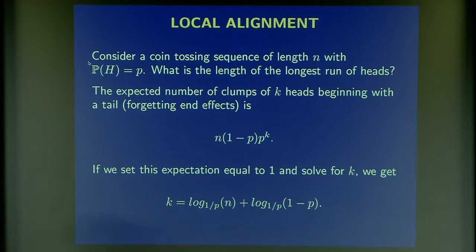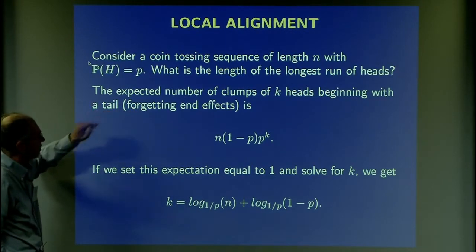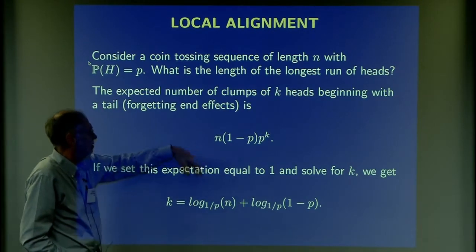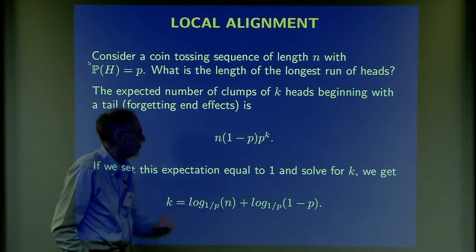So here's a trick of intuition, which if there's one thing you could take away from today, maybe this. I love this. Let's look at the expected number of clumps of k heads beginning with a tail, and we'll forget the end effects. So we have n places, a tail, and k heads together.